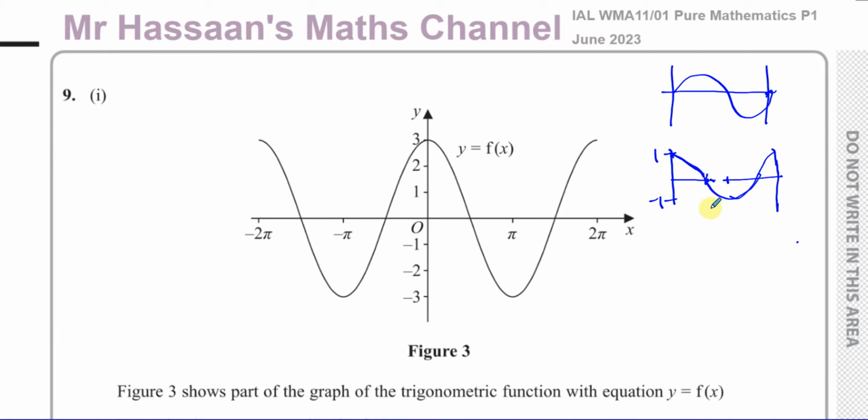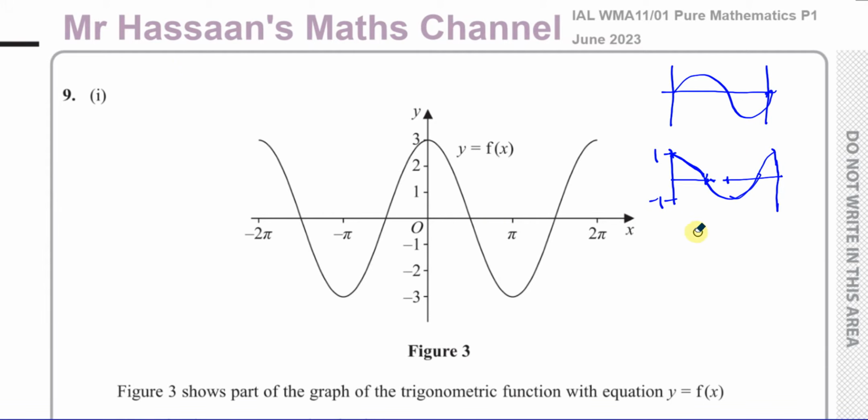For example, y equals cosine x has the point 0, 1, and that became 0, 3. Let's start from the first coordinates over here.